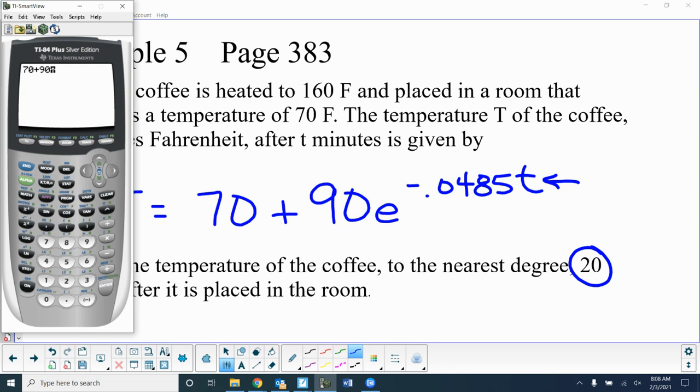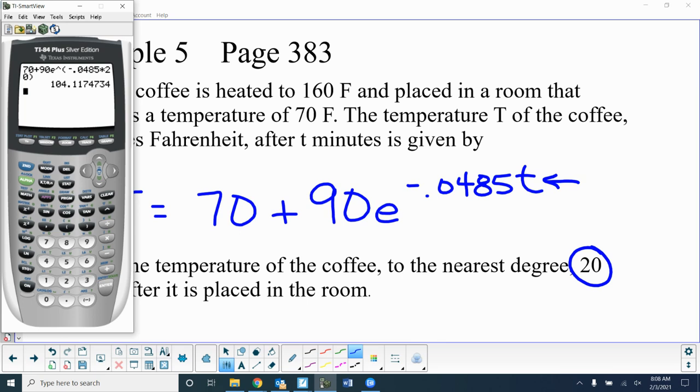So I hit second natural log, and I put that negative 0.0485. Then I have to put times t, so times the 20. And then it started with that parentheses, so I've got to close it off. That'll tell me how many degrees it is after 20 minutes when I hit enter. So it's still 104 degrees. That's pretty hot.